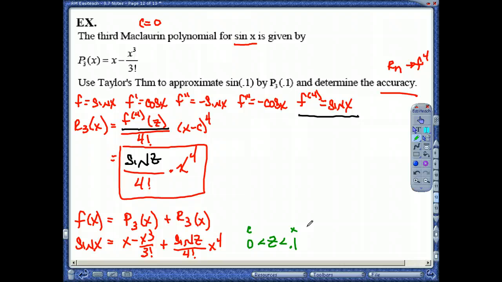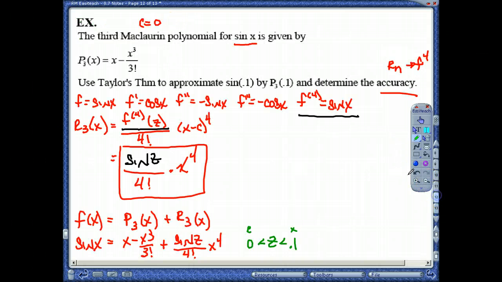All right, so I am going to put in 0.1 for all of my x's here. I'm going to have to go to another slide because I'm running out of room. So that's p sub 3 at 0.1. Remember, 0.1 is closer to 0, and that's why we're using sine of x. So that means I'm approximating this. I'm going to put 0.1 in for all of my x's because they asked me to find the approximation first, then determine the accuracy.